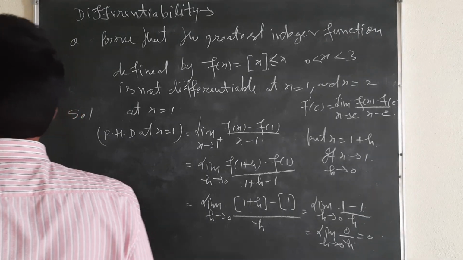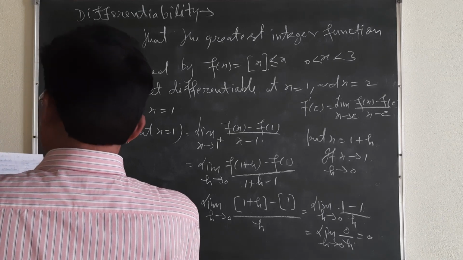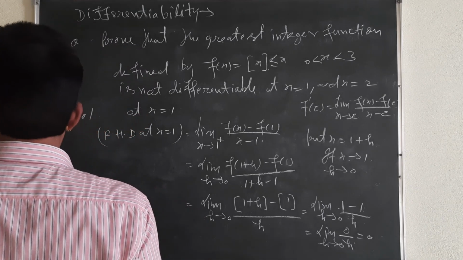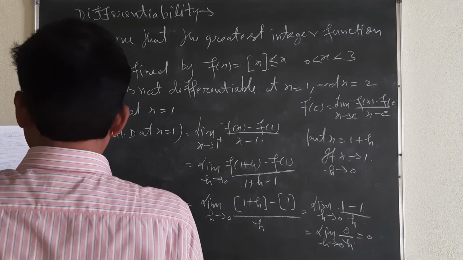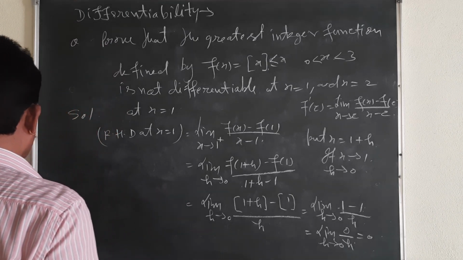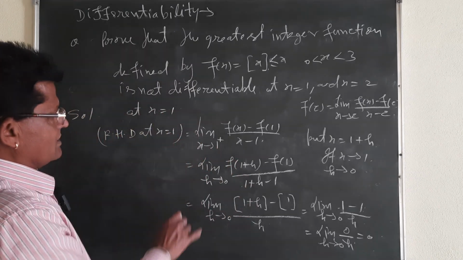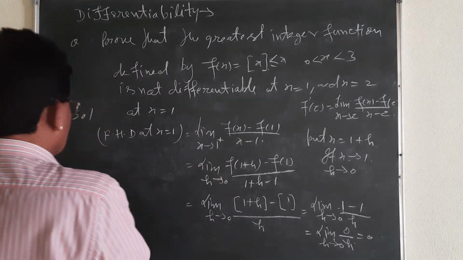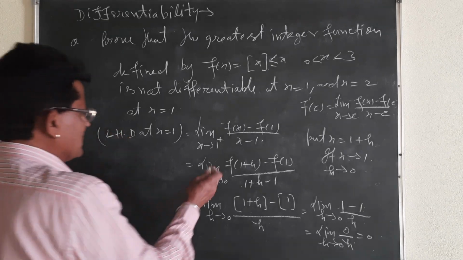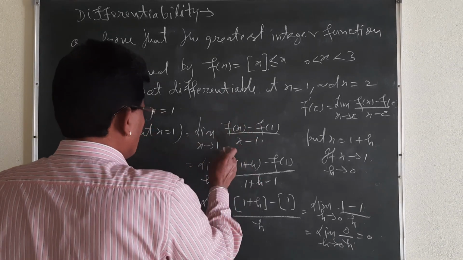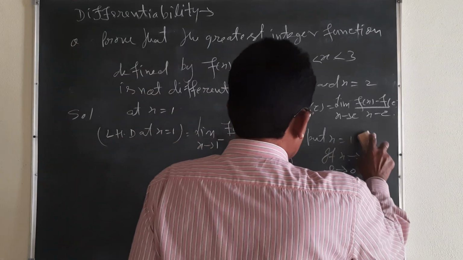Similar kind of thing, let me take the left hand derivative of the function. What will be the left hand derivative? Same thing I will take. Here I will put the left hand derivative at 1. As I told you, you put only the negative sign, and here it will be negative.